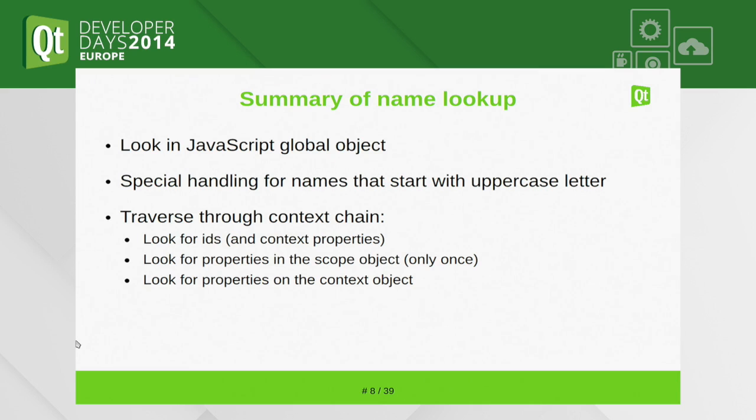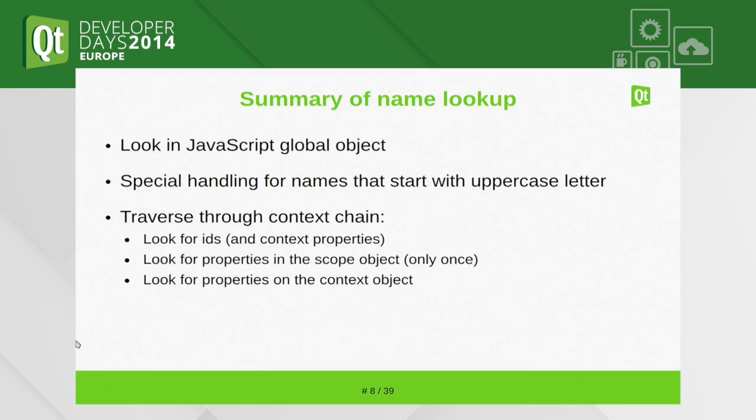I didn't have that in an example, but you may have used that yourself if you access enums and the like. So names that start with an uppercase letter are treated specially. This is where we look in imports and other things. But after that, the regular process of resolving names resumes, and that is, as we've seen in the example, it begins with looking for objects with a given identifier. Then it looks for properties in the scope object, in the nearest surrounding object, you can say.